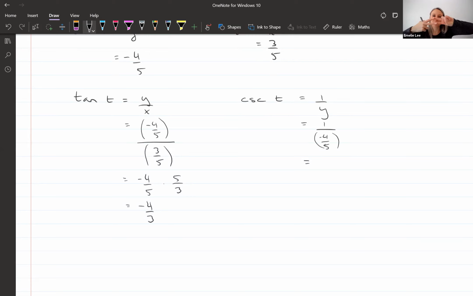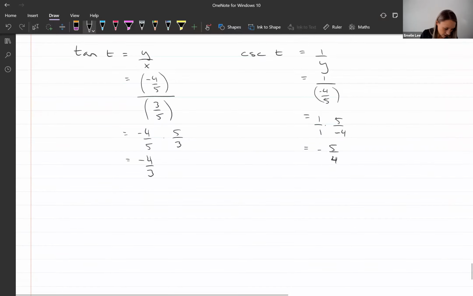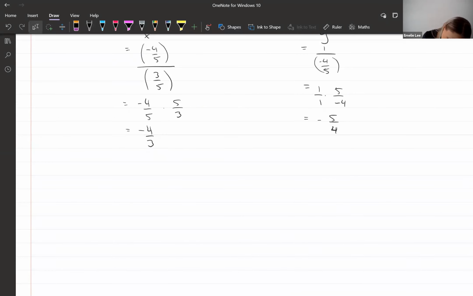And then negative 4 over 5, if I flip it, I get 1 over 1 times 5 over negative 4. So I get negative 5 over 4, right? That negative can just kind of float around if you wanted to. Good. How about the secant?